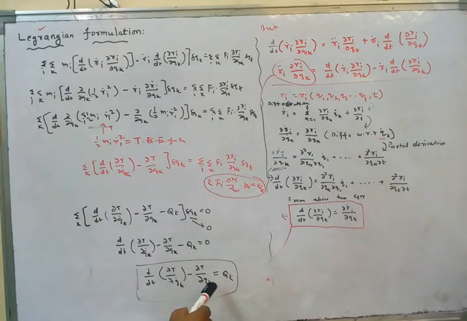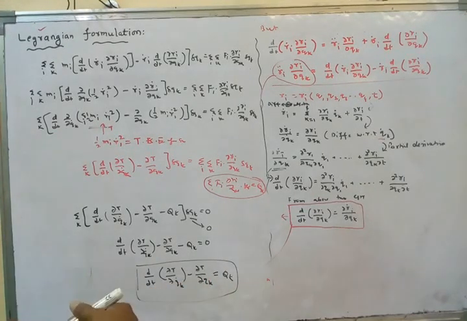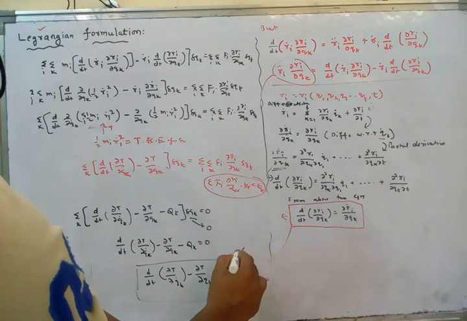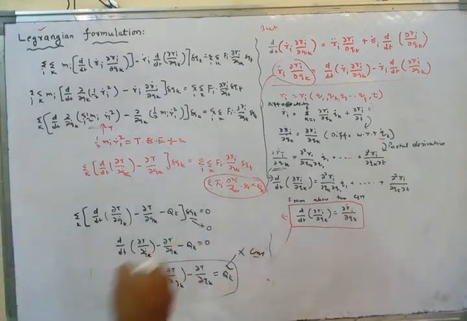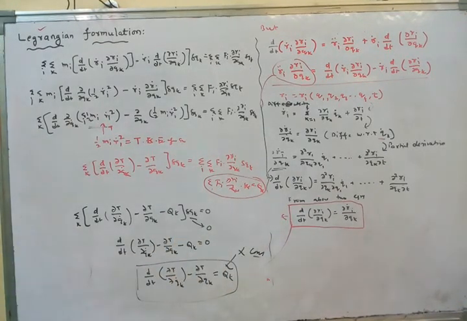This is the Lagrangian equation without considering constraints: d by dt of dou T by dou qk dot minus dou T by dou qk equals Qk. Here we do not consider constraints. This is a Lagrangian.